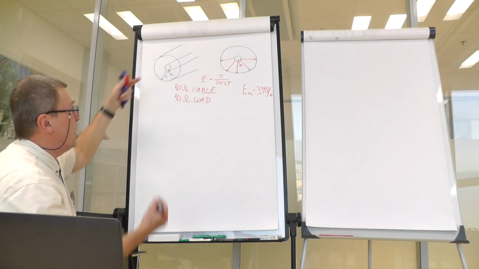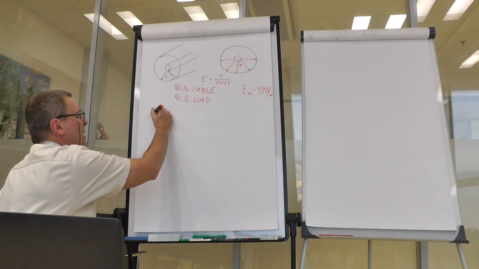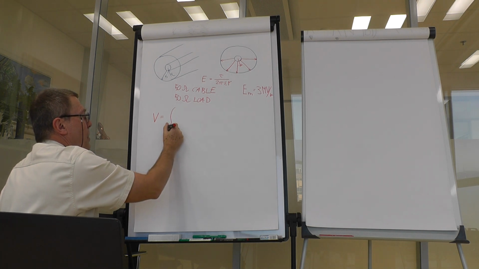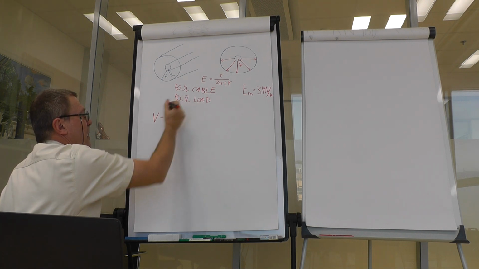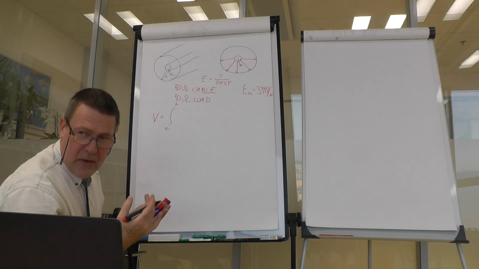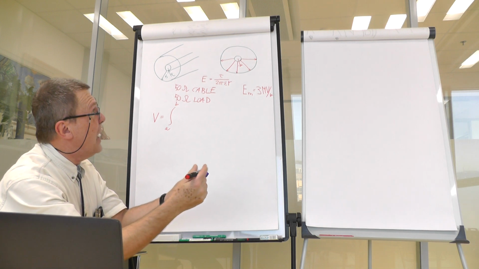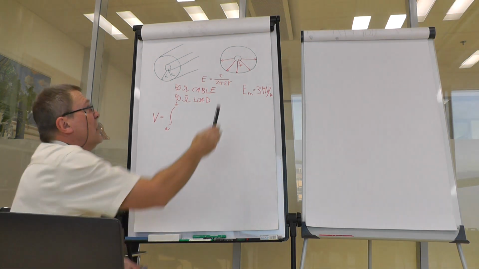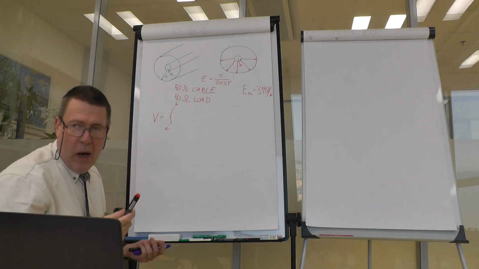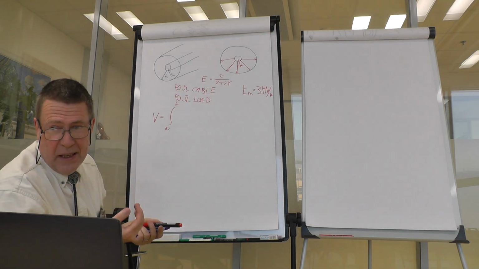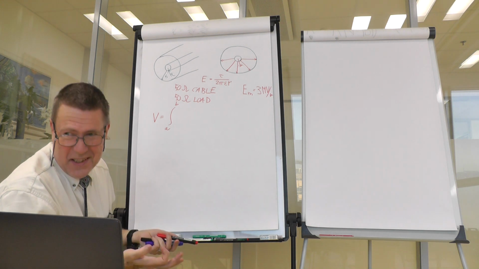So the voltage between the inner and outer conductor would be an integral from A to B, and we will integrate electric strength along a certain path. Well, we could choose any path, but a wise solution would be to integrate just along the radius. That would be most easy.